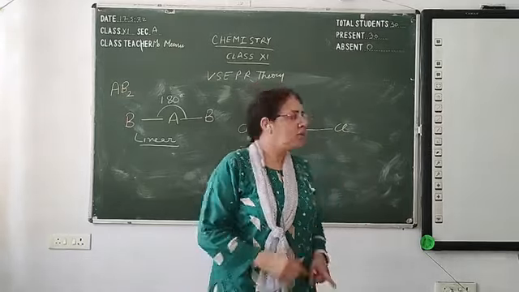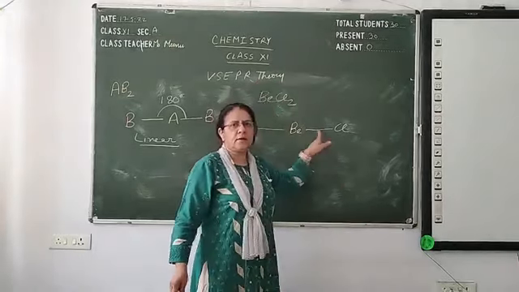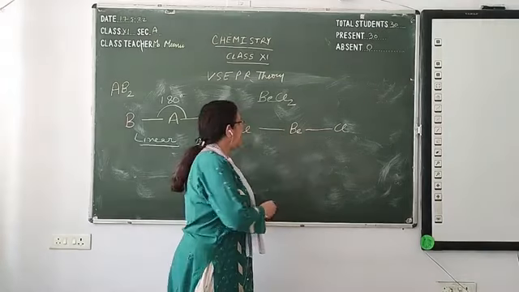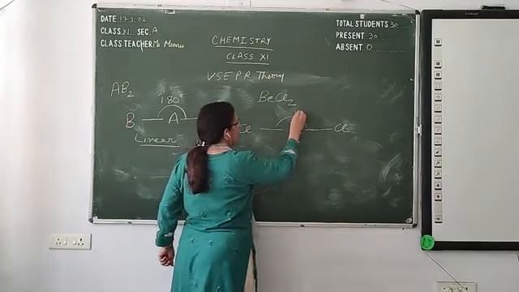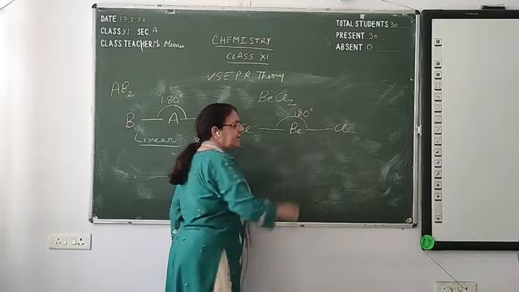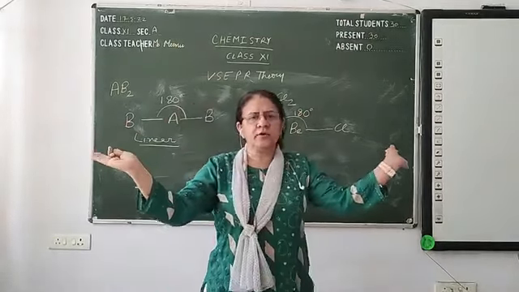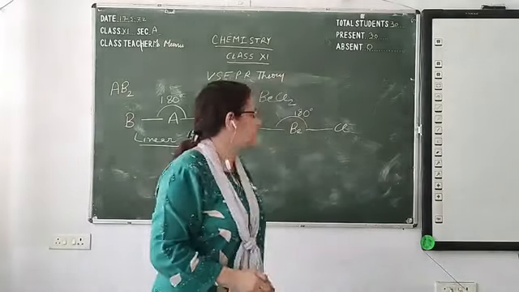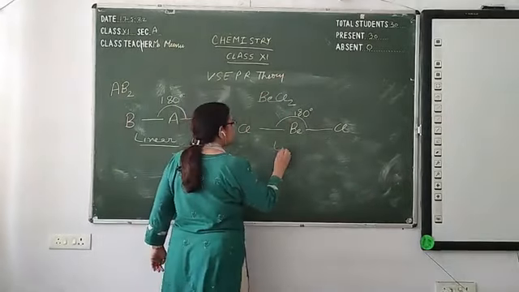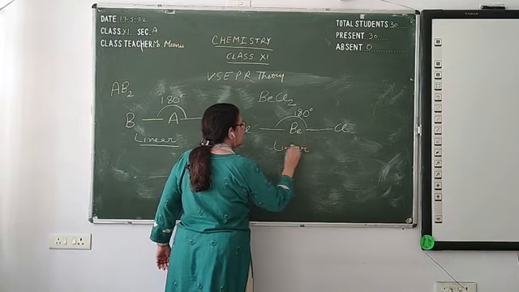So, one bond pair here, another bond pair here, and the angle is 180 degree. So, the chlorine atoms try to remain as far apart as possible and the shape will be linear.